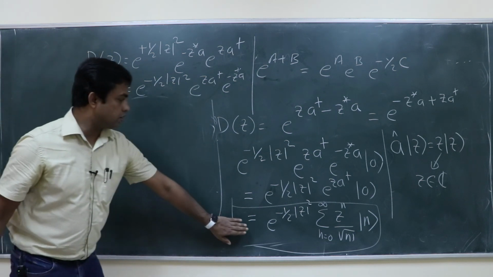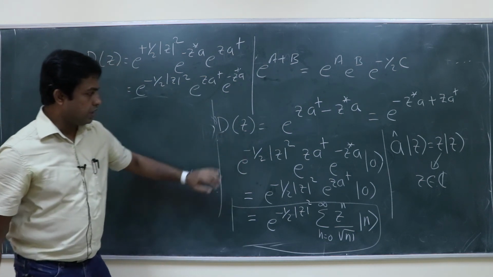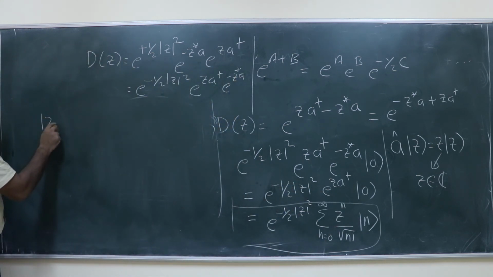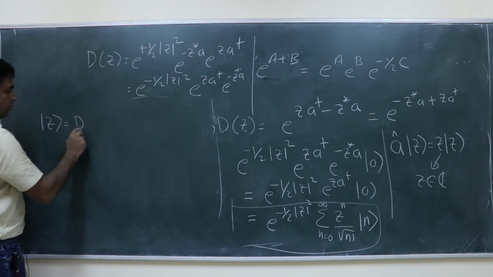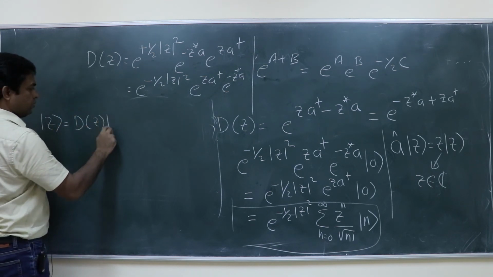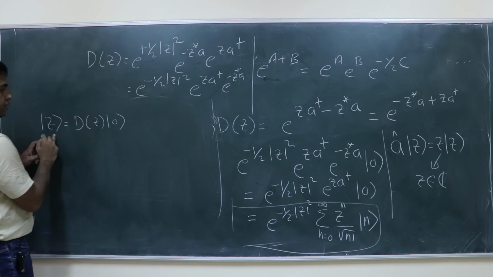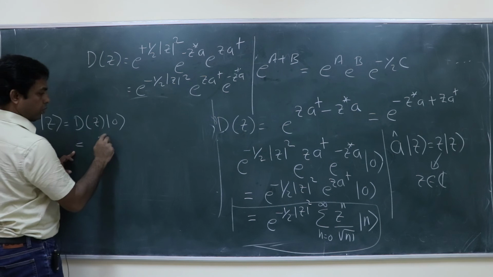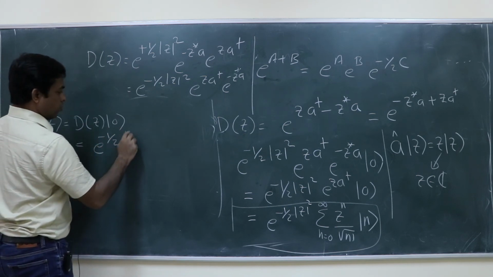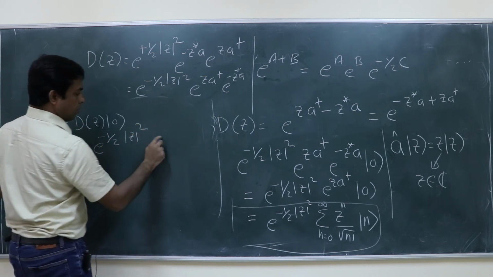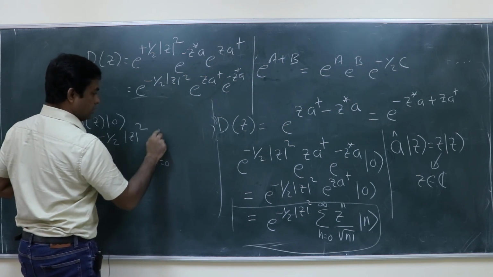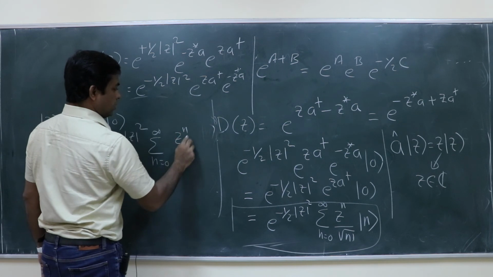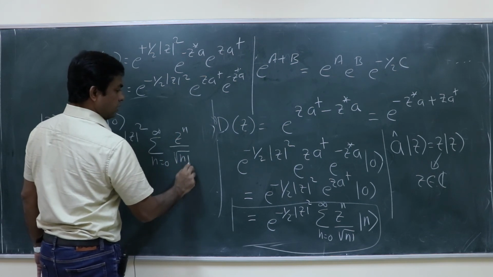You can call D of z acting on ket 0 the state ket z, which has the representation e power minus 1 by 2 mod z square summation n is equal to 0 to infinity z power n divided by root n factorial ket n.